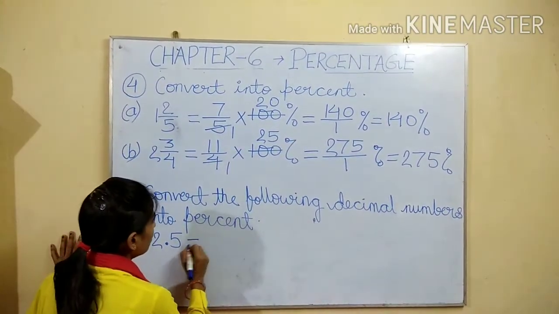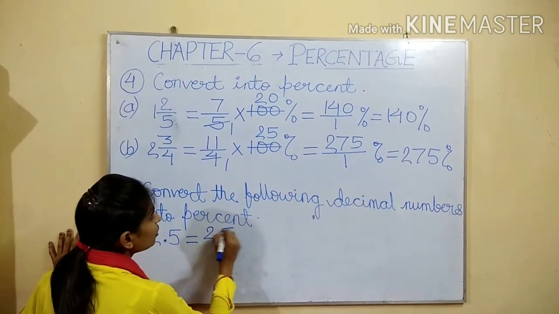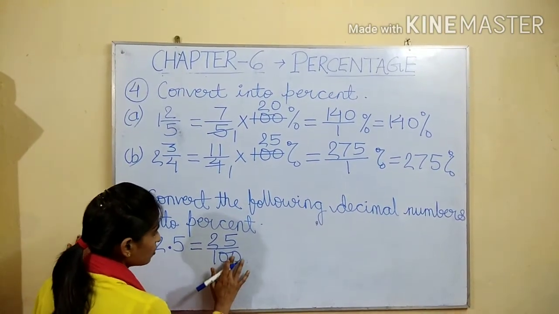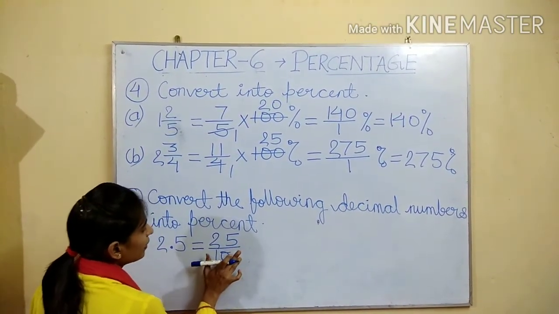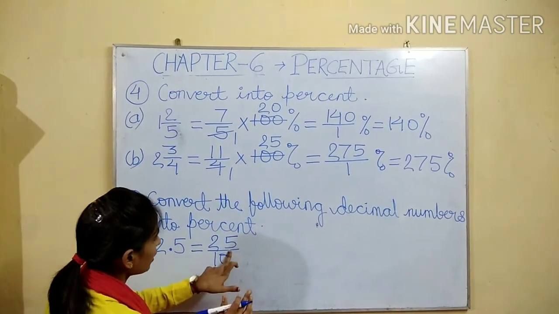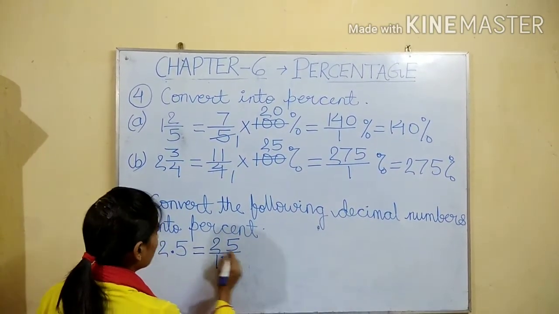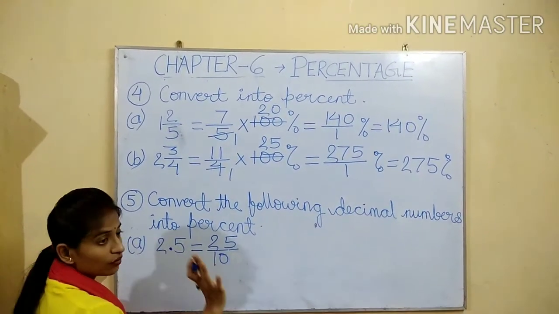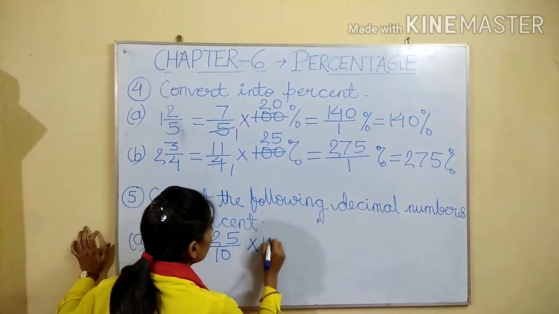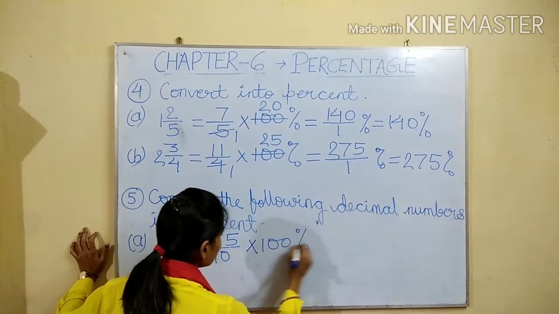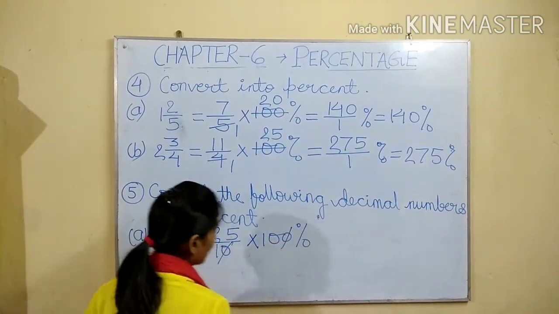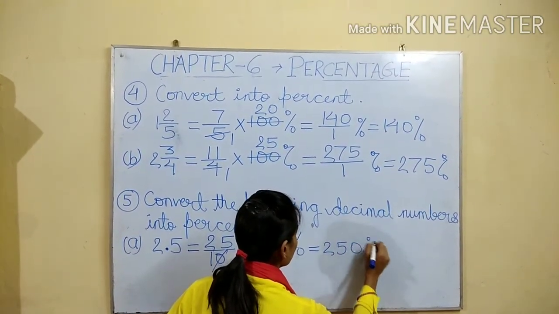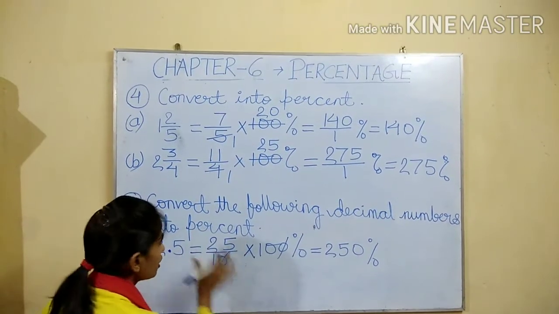So 2.5, first convert into a fraction. 25 by 10. 25 with 1 digit after the decimal is 10, into 100%. 10 cancels. The answer is 250%. First change into fractional form.